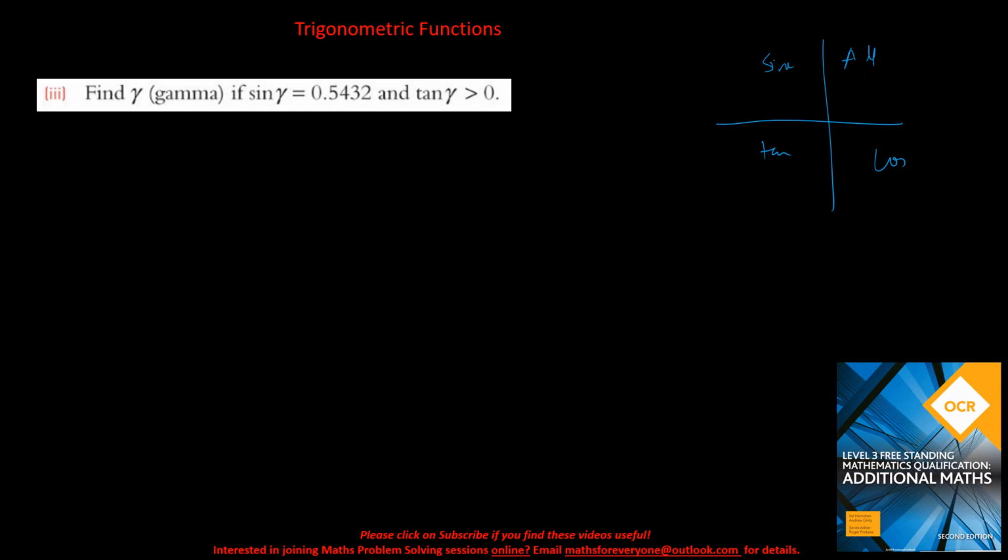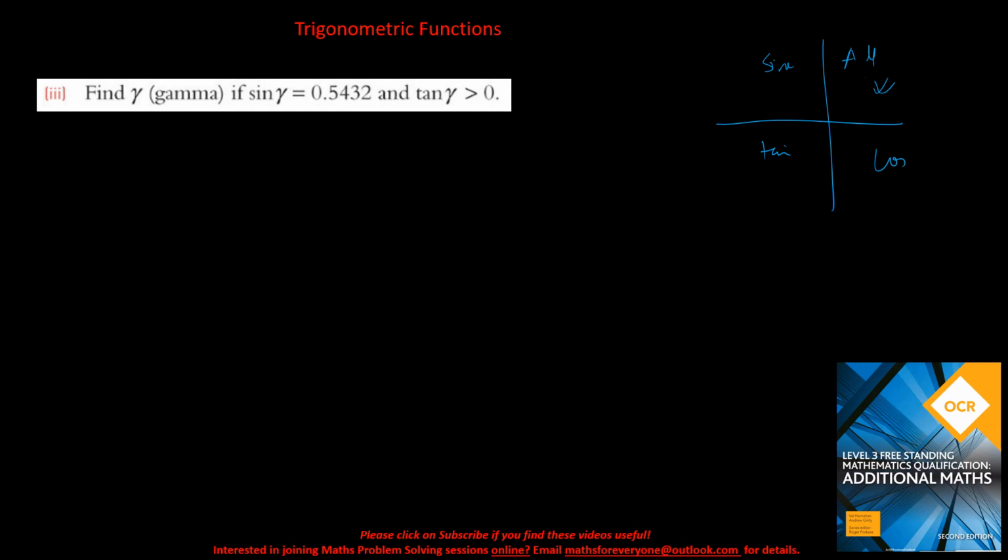Gamma is sine inverse of 0.5432. Now sine gamma is positive and tan gamma is positive. So when sine is positive and tan is positive, it lies here. It will lie in the first quadrant because that's the only quadrant where sine and tan would both be positive.